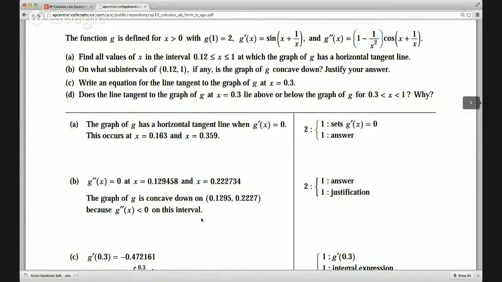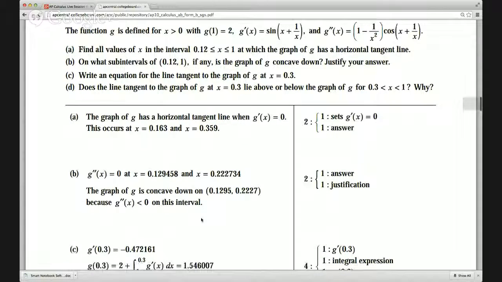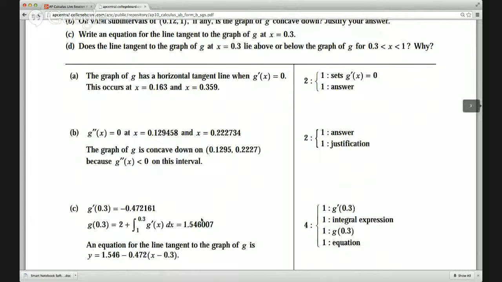Because we need something more than just the slope to give us a line, specifically, we do need an x and a y value. We have our x value, but we do not have a y value.